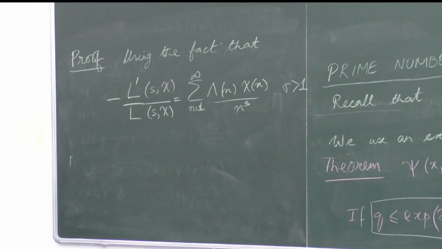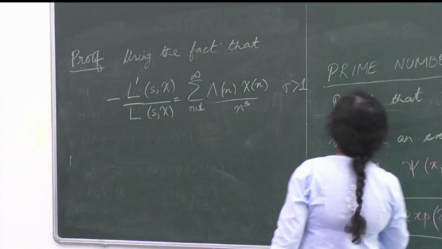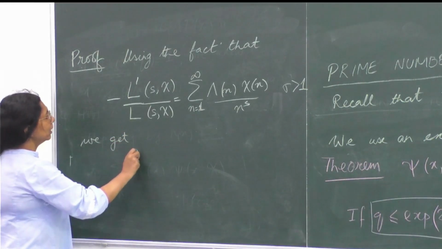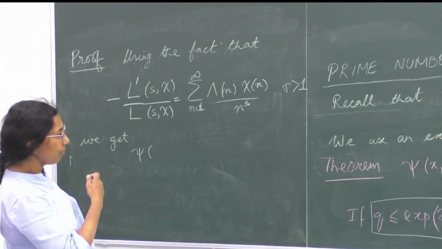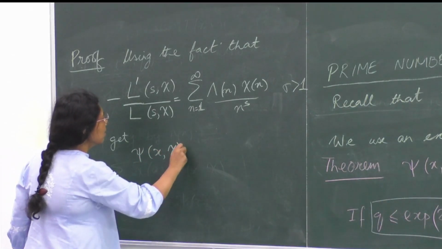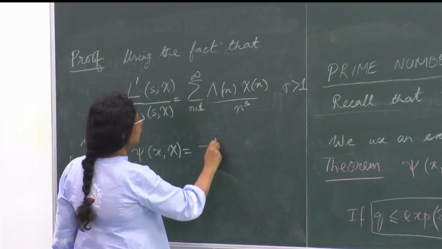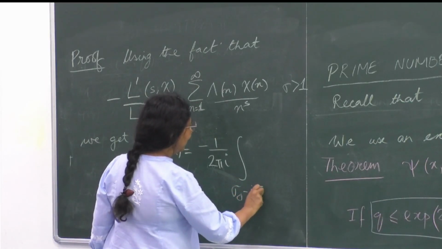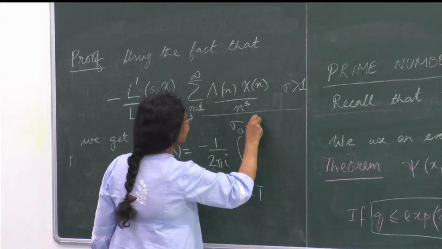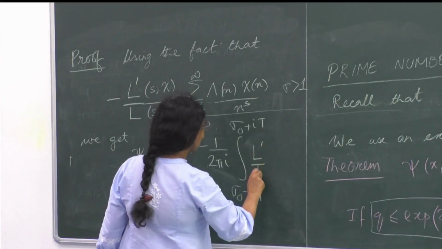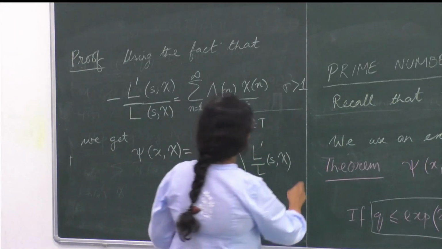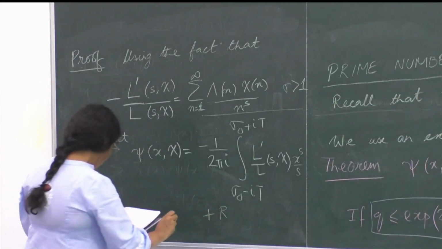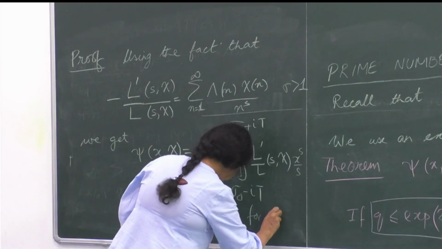And we use this to write psi x chi. This is equal to minus 1 over 2 pi i, the integral from sigma 0 minus iT to sigma 0 plus iT, L prime by L of s chi, x to the s by s, plus a certain error R, for sigma 0 greater than 1.